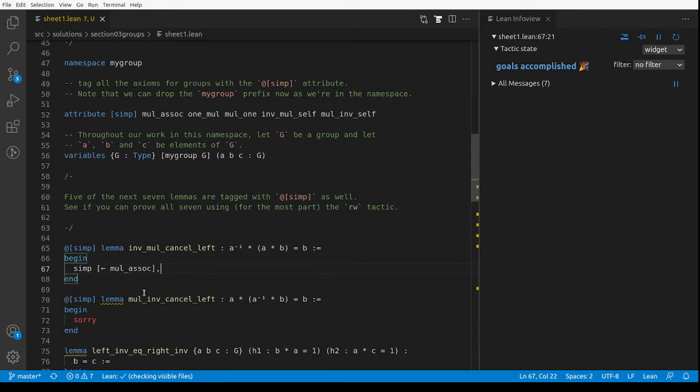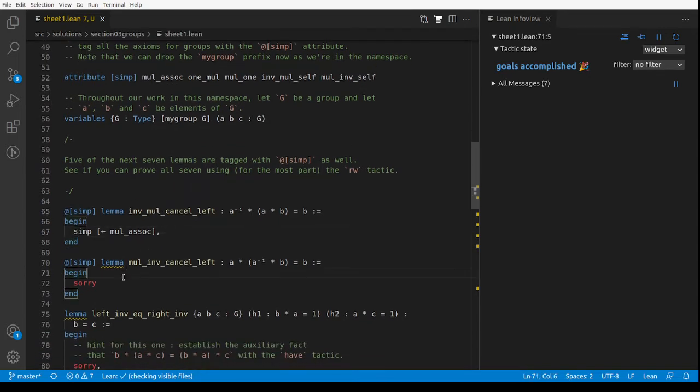And so now that means the simplifier knows inv_mul_cancel_left. And you might think that if it knows inv_mul_cancel_left, then it might be able to prove mul_inv_cancel_left. But it probably can't, because as mathematicians we're like, well, obviously these are the same statements, because you just let this A be this A inverse, but it doesn't quite work like that, right?